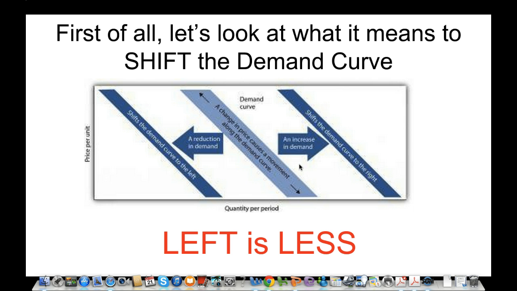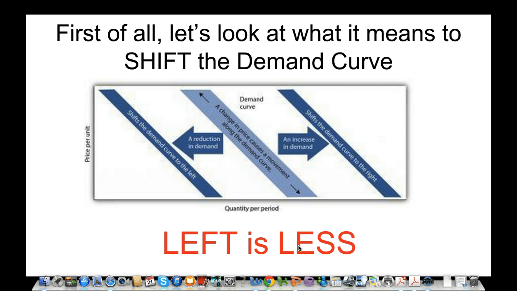That's how you would interpret the right-hand shift. Now, once again starting in the middle, if you see a reduction in demand, then you would have a shift in the demand curve to the left. The way I like to remind myself what it means is that if it moves to the left, then left is less.